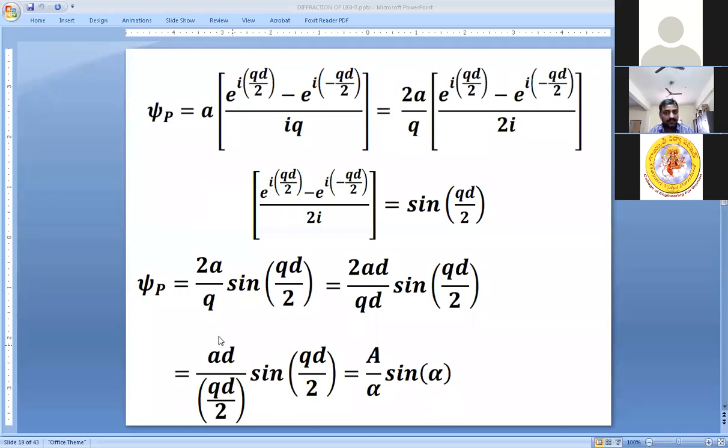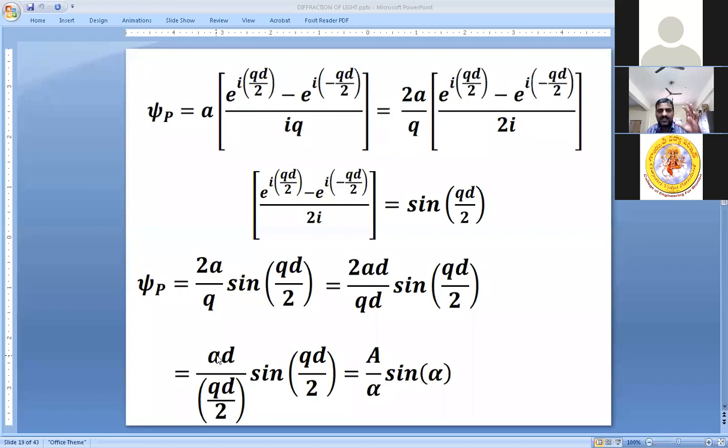And one more thing. You can see this AD. AD I have called as capital A. What is capital A, you may ask? Please recall, this small a is the amplitude of light falling on the slit per unit width. It means your single slit, if it is having 1 unit width, of course it's an exaggeration, let us say 1 centimeter.